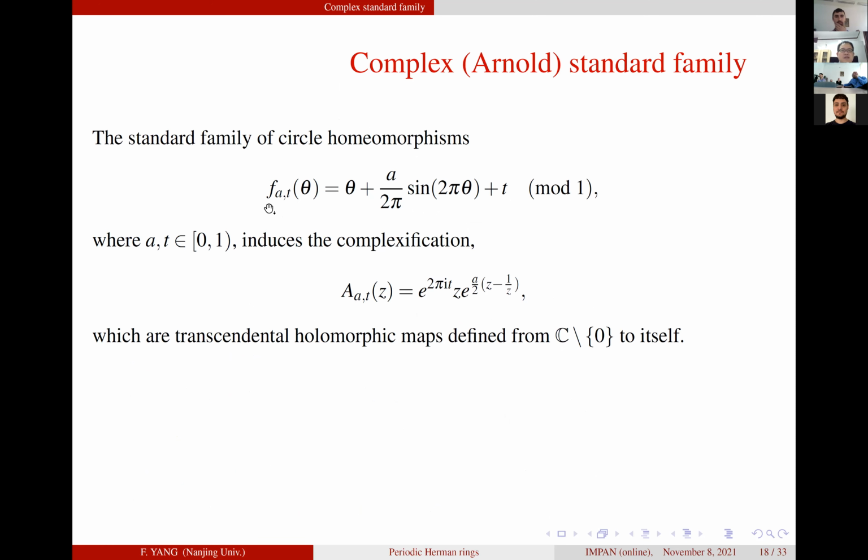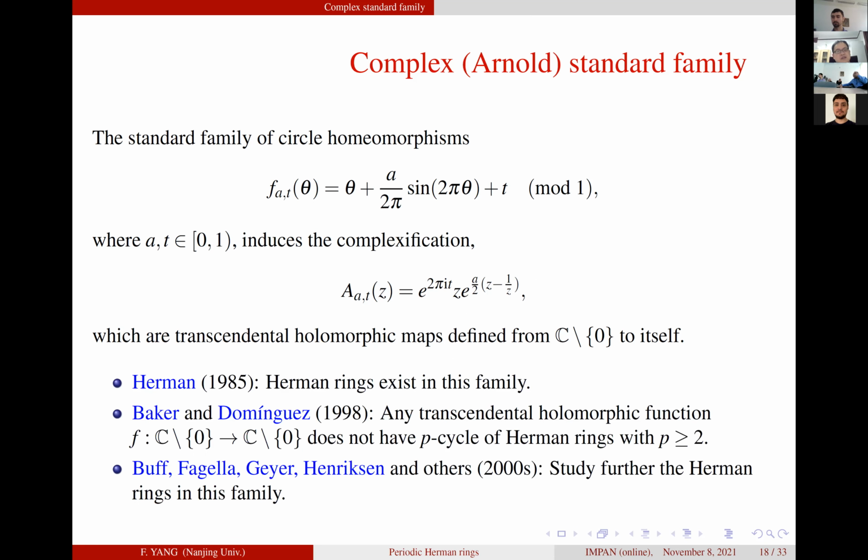This map induces the complex version, as we mentioned before, written as e^{2πit} z e^{(a/2)(z-1/z)}. This map maps the unit circle to itself by homeomorphism, and this is a transcendental holomorphic map defined from the punctured complex plane to itself.